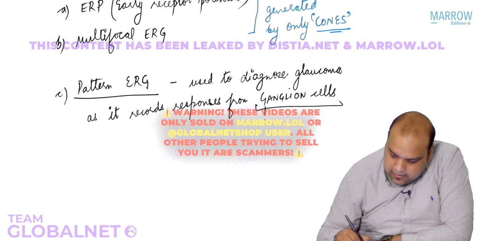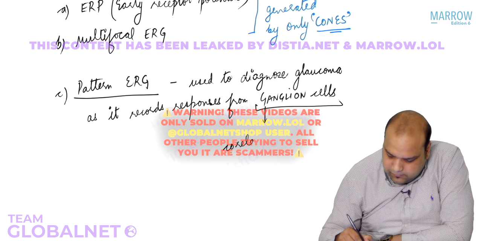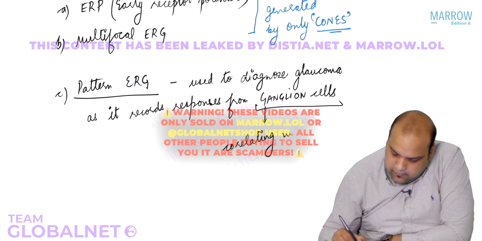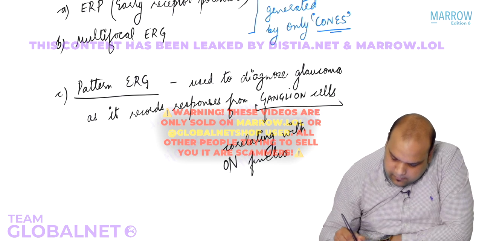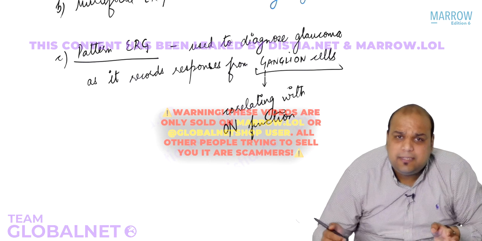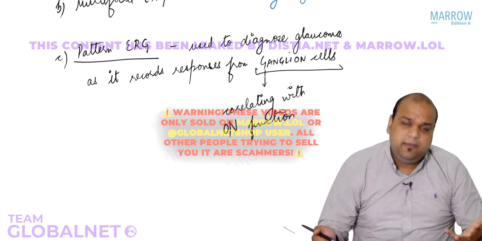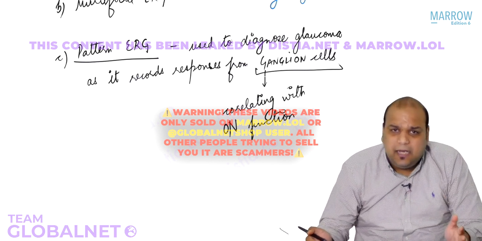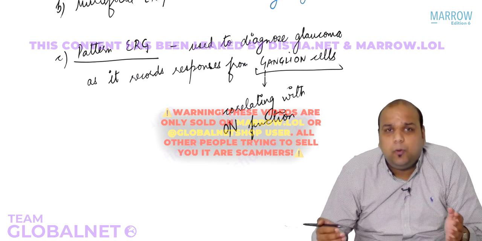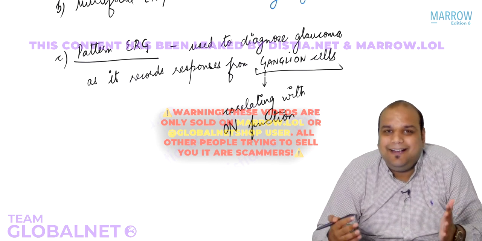Ganglion cells basically correlate with optic nerve function. Why, everybody? We already know that the optic nerve is the collection of axons of ganglion cells. Yes. And what is damaged in glaucoma, everybody? The optic nerve. So indirectly we are saying pattern ERG is useful for diagnosis of glaucoma because ganglion cells are generating this type of ERG, pattern ERG.